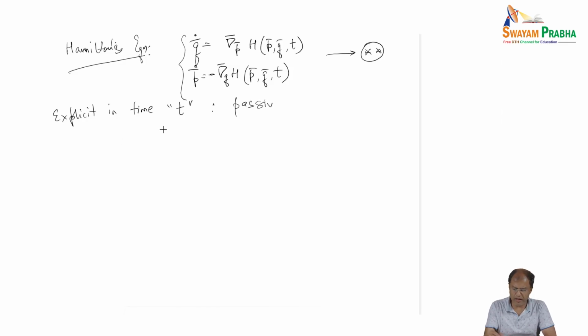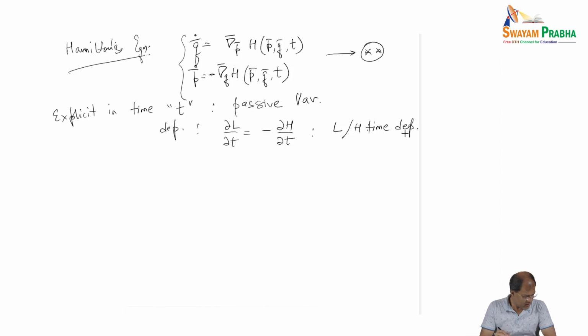So with explicit time dependence, t being a passive variable, the time dependence follows as ∂L/∂t equals minus ∂H/∂t. So both L and H have this time dependence.